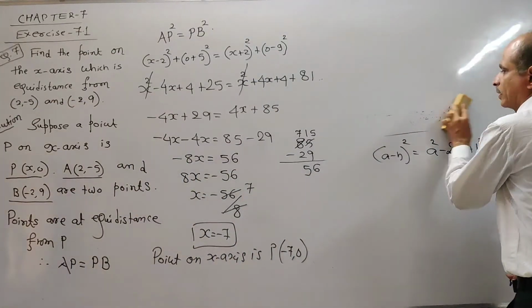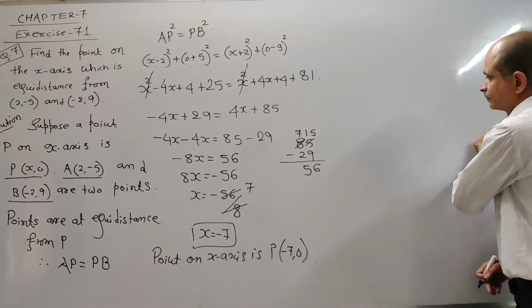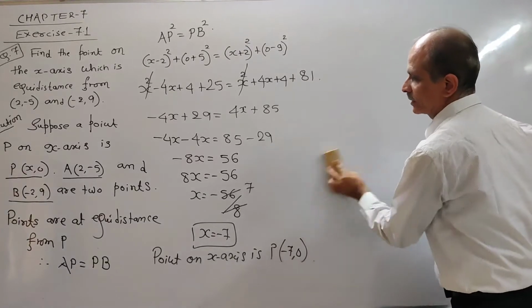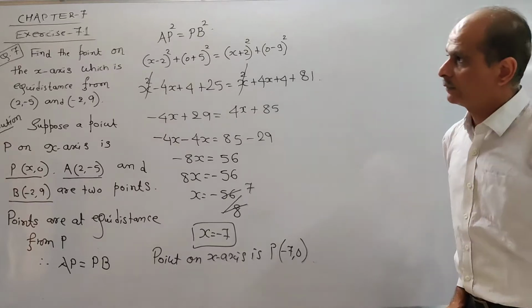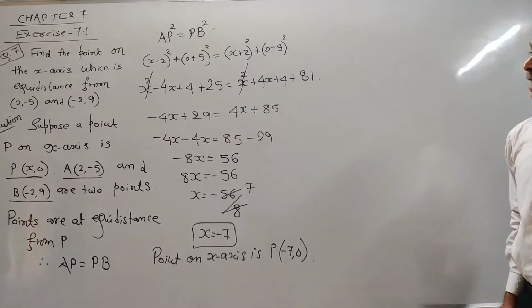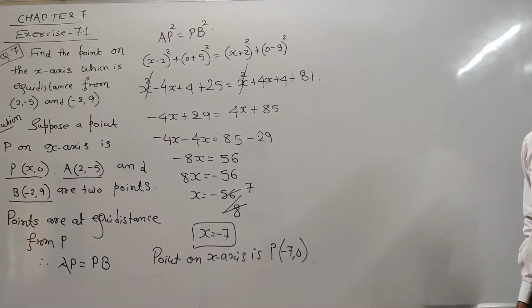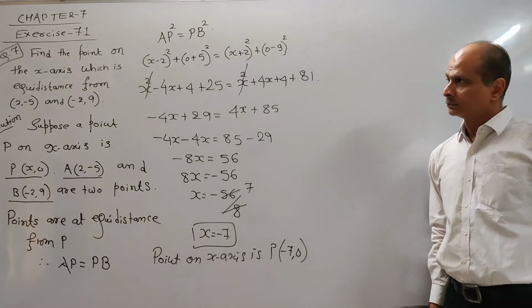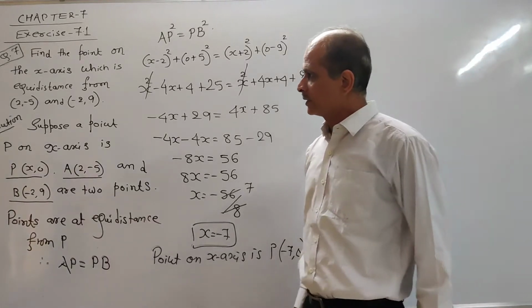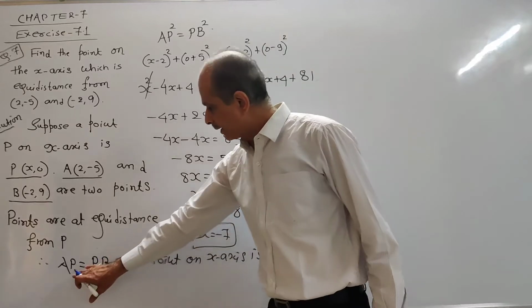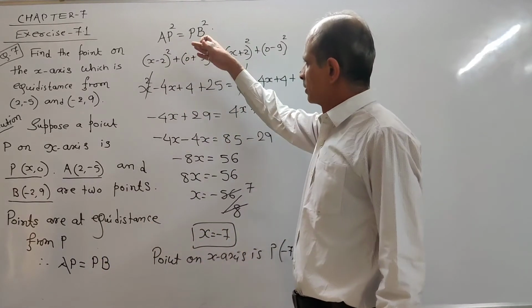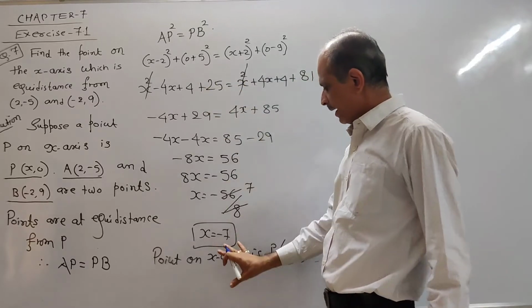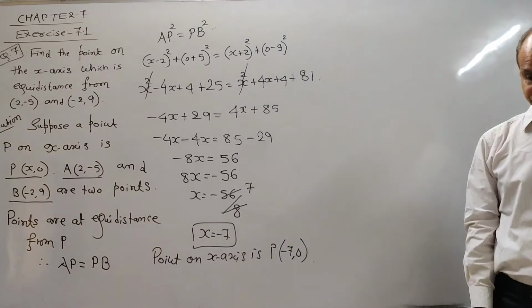You have to find a point on the x-axis which is equidistant from the given 2 points. The given 2 points are known as A and B, and the point to find out is known as P. You can write AP is equal to PB, AP square is equal to PB square. So you can use the distance formula and find out the value of x.